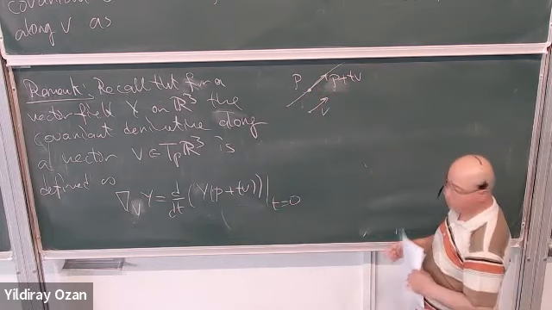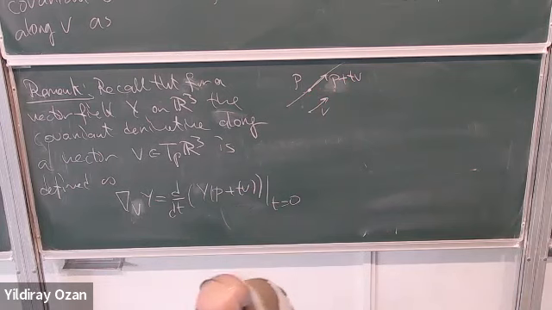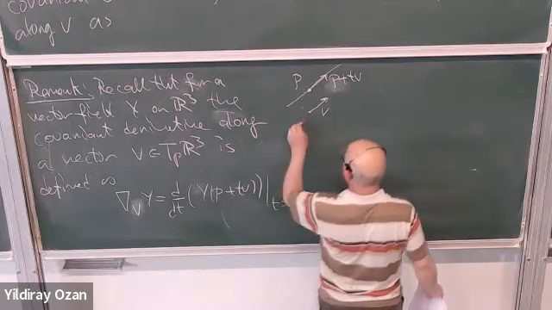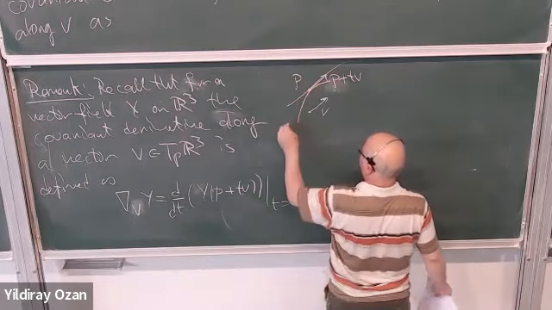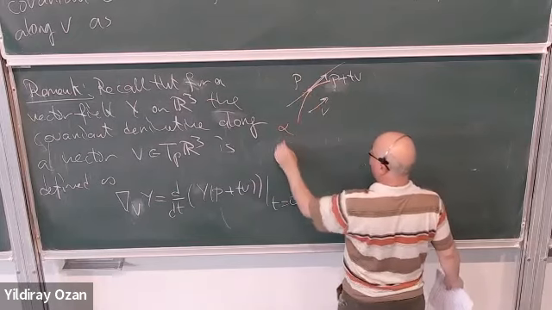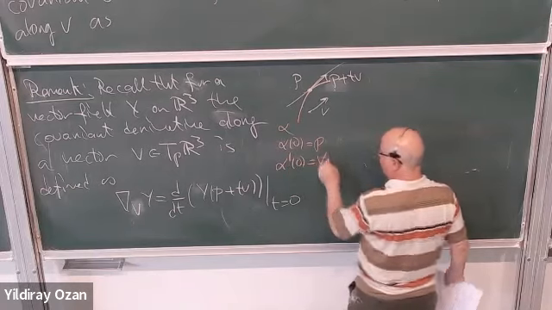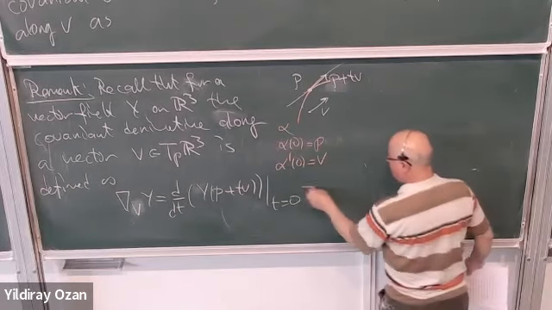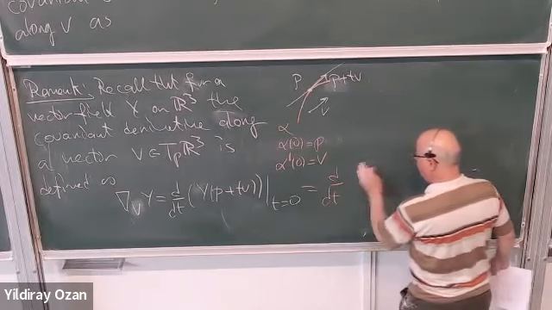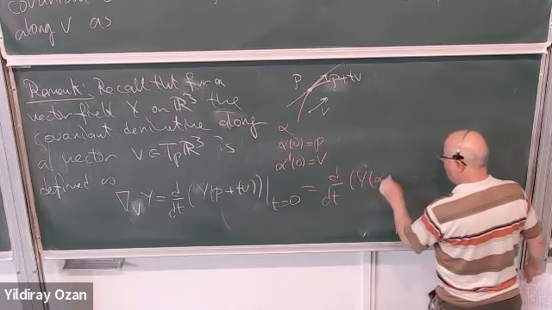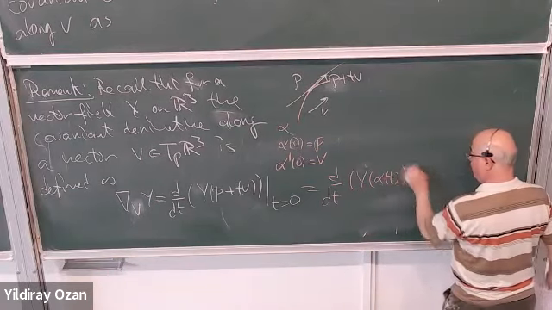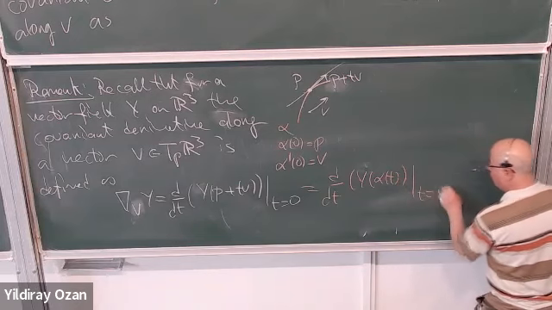But I could do the following. If I have just any other curve alpha, so that alpha at 0 is equal to p and alpha prime is equal to v, this thing is just equal to d/dt of y of alpha t at t equals 0.